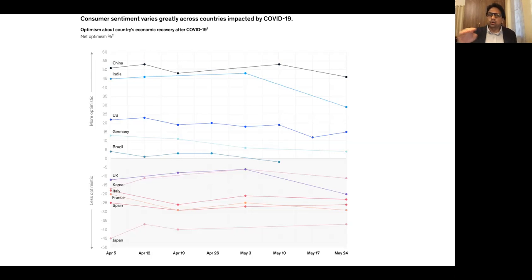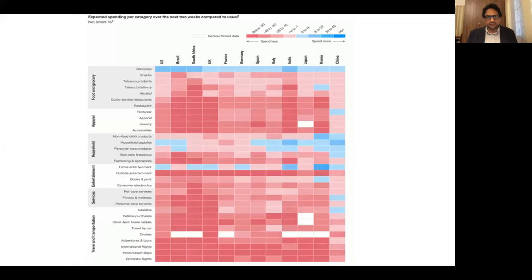Overall, there has been a decline across most of the markets. If you take pre-COVID levels to post-COVID levels, there's been a phenomenal amount of change, and that is really worrying. We really need to plan and understand how we can manage consumer behavior in a manner in which we can induce more purchases.